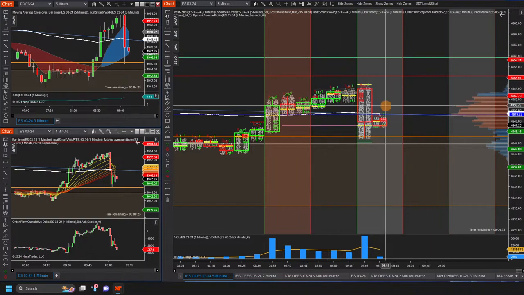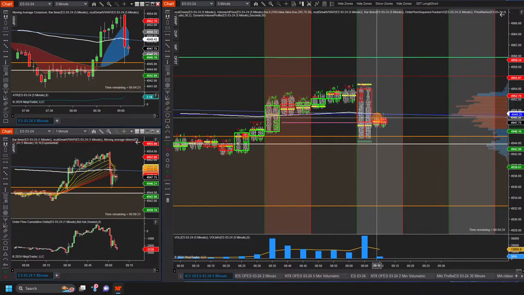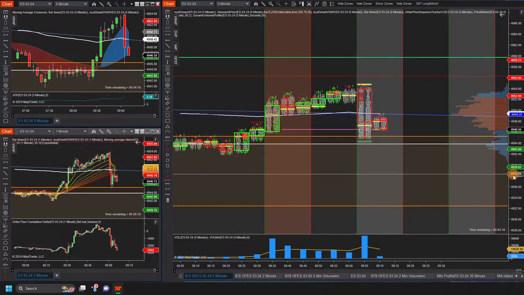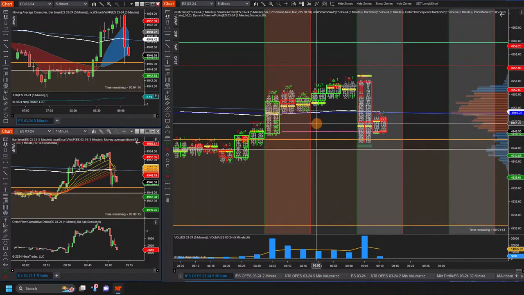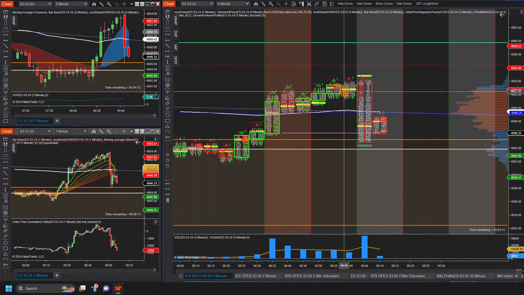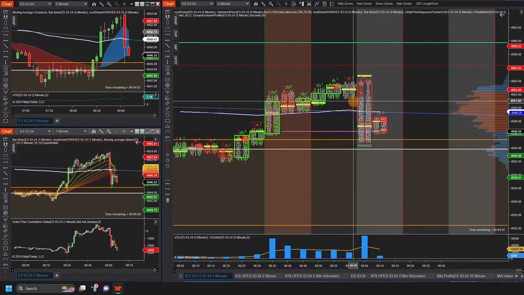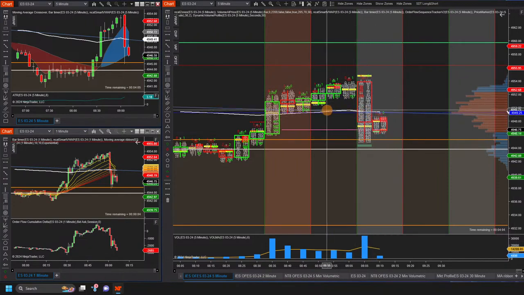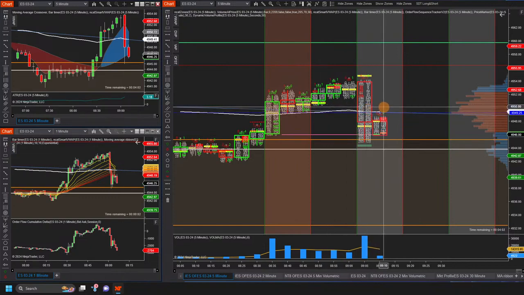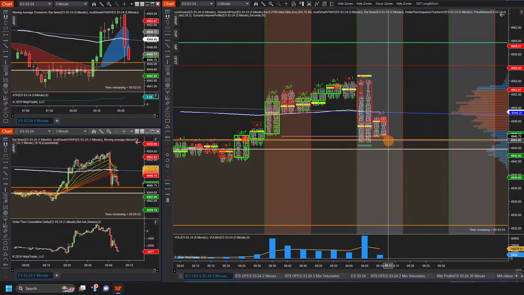Failed to get up there yet, and a big displacing push down so far. So for you guys that are aggressively shorting, you got yourself an entry here on this VWAP retest to the downside, and you got potentially 49 and a quarter, 49.45, so about 4, maybe 5 points potentially in one move here.